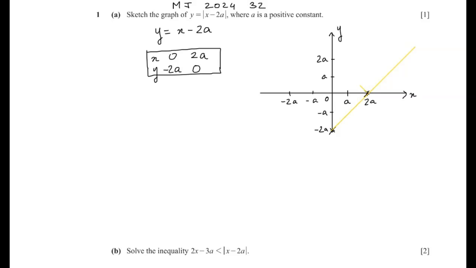You would actually do this using a scale and proper straight lines. I'm just going to go over the final graph like this. Okay, and I've shown both the intercepts. The x-intercept here is 2a and the y-intercept is also 2a. And that's the sketch of the graph of modulus x minus 2a.